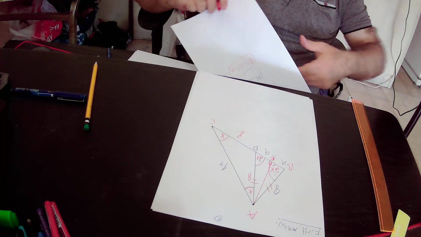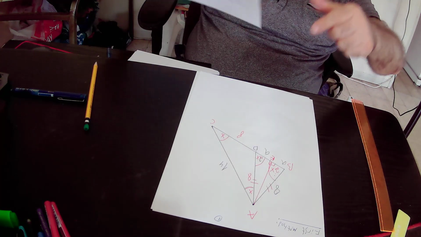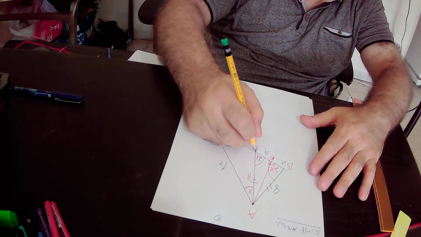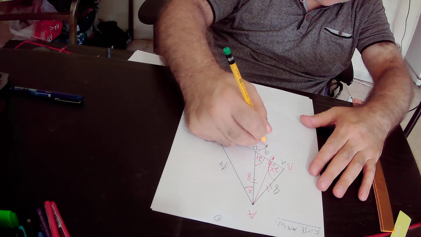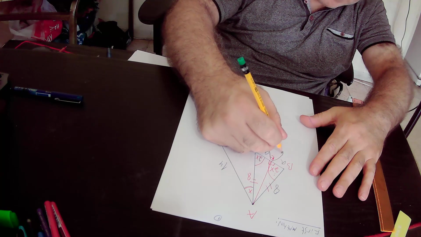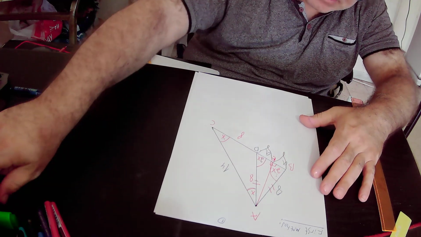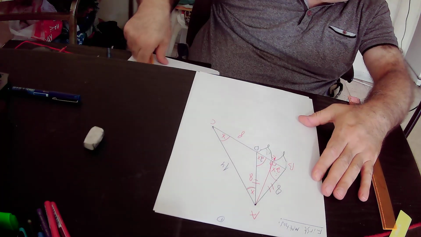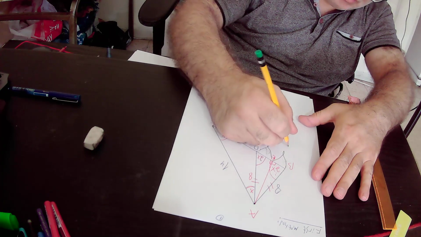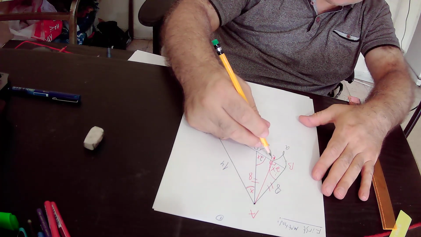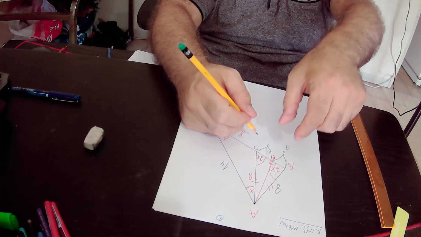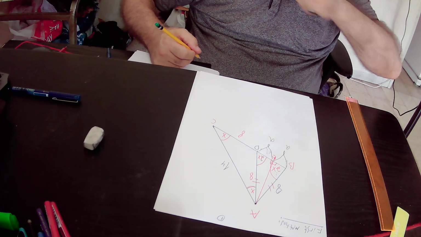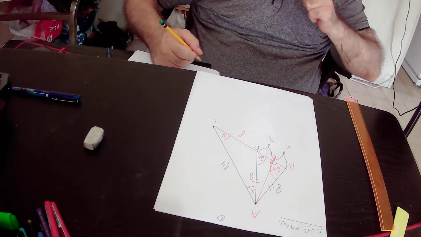So I write here BE equals A according to our definition, and ED also will be equal to A because BE equals ED. So we have here BE equals ED equals A.